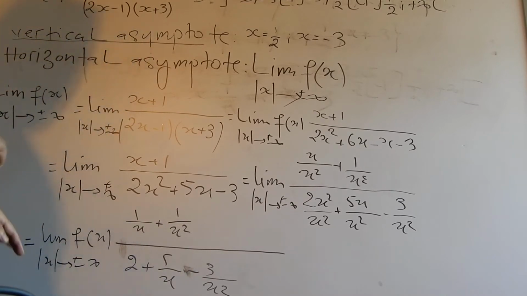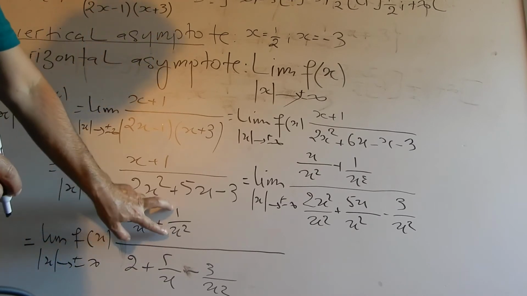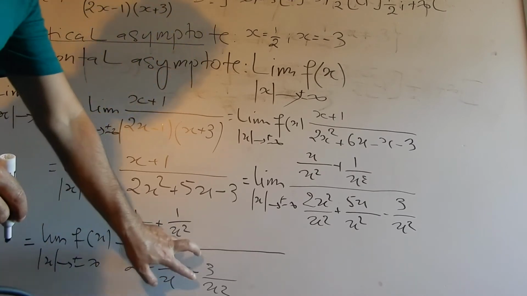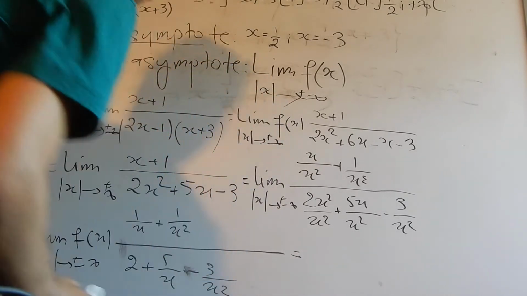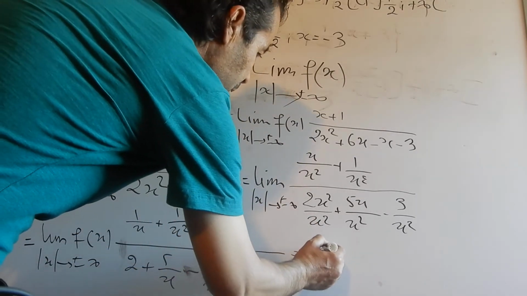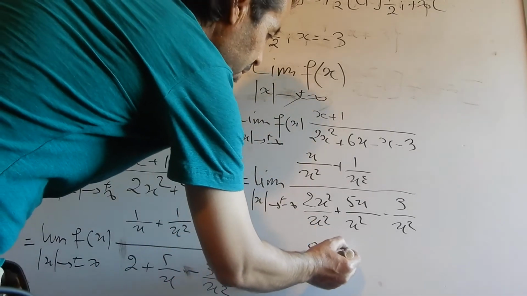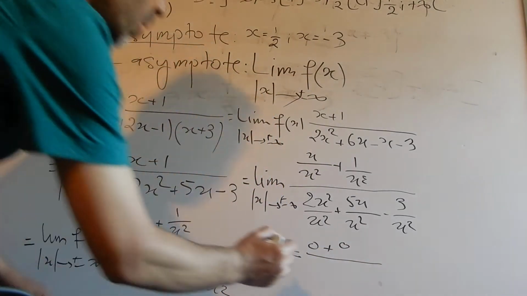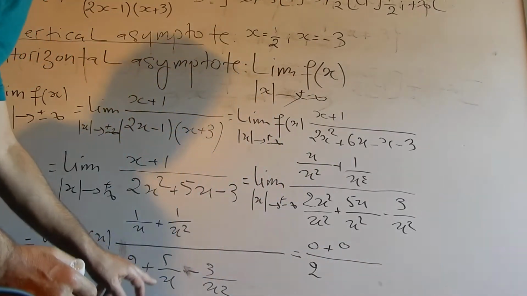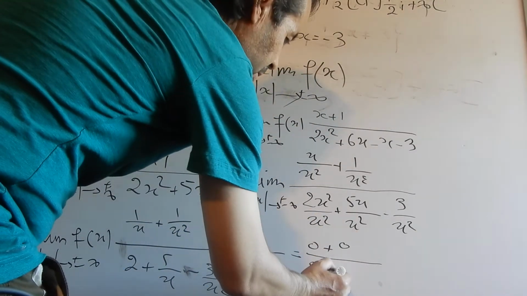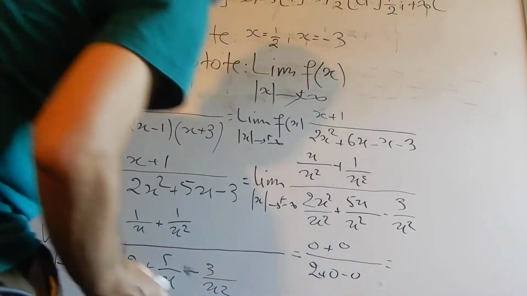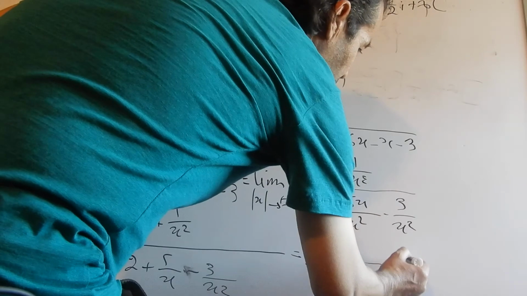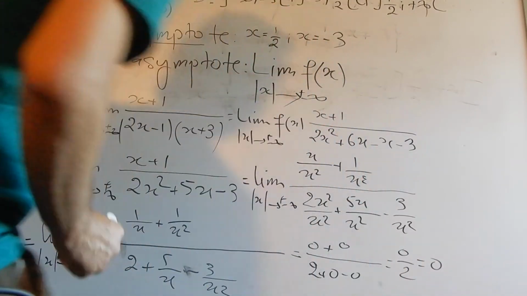So as we see, as x approaches infinity, 1 over x, 1 over x squared, 5 over x, 3 over x squared all approach 0, which means we have 0 plus 0 over 2, plus 0, minus 0, which equals 0 over 2, which equals 0.